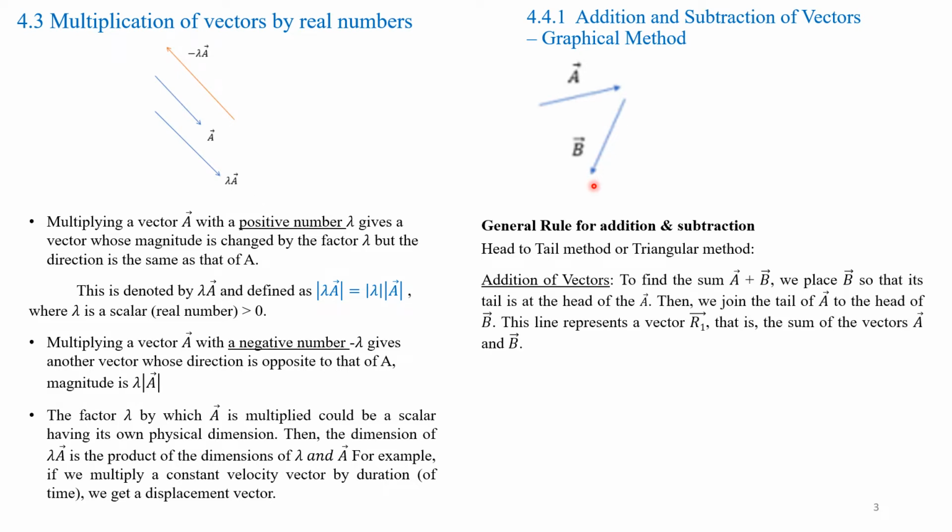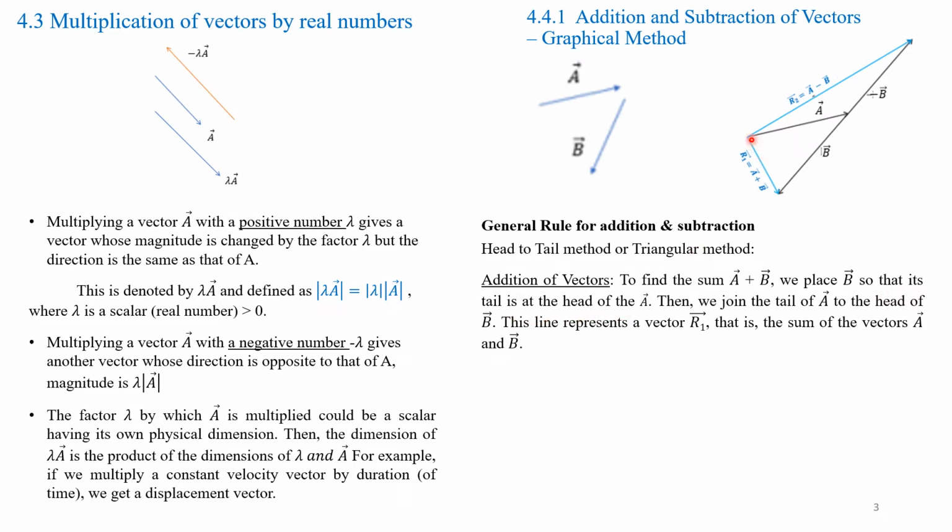Addition of vectors. To find the sum of A plus B, we place vector B so that its tail is at the head of A. Please see the figure here.